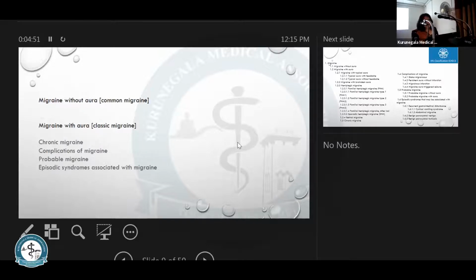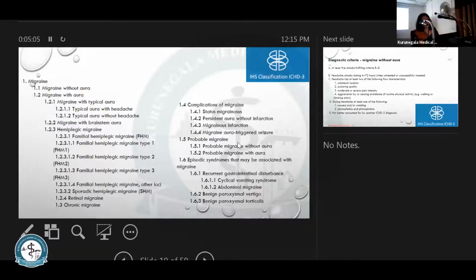So there are altogether 6 components of migraine headache, where these details are given by the International Headache Society guidelines. This is the crowded slide where they categorize and number the migraine according to the subcategories.